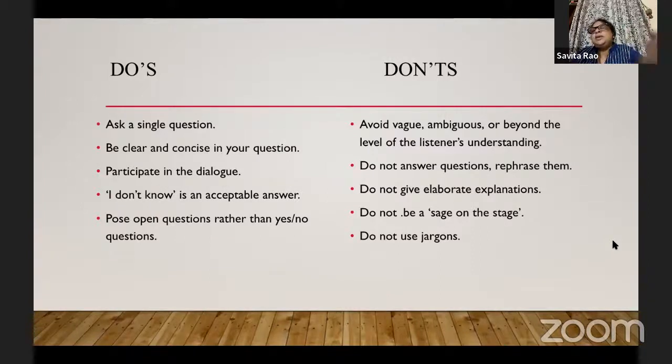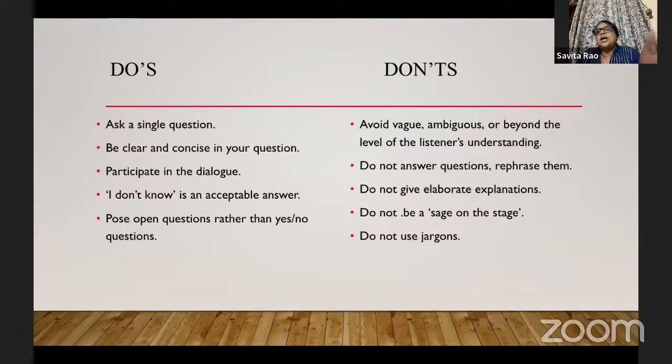So usually when you are into Socratic questioning, if you want to conduct it as a way of trying to make the other person come up with responses, it's better to keep your questions simple. So ask single questions. Do not have multiple questions in one question.